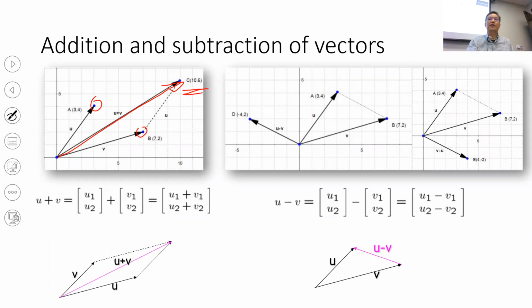Subtraction: if you have 3, 4 minus 7, 2, you get -4 and 2, that's this vector. And if you use B minus A, you get 4 and minus 2, and you get a vector of this. They are the same length at the end, but a different direction, the opposite direction.